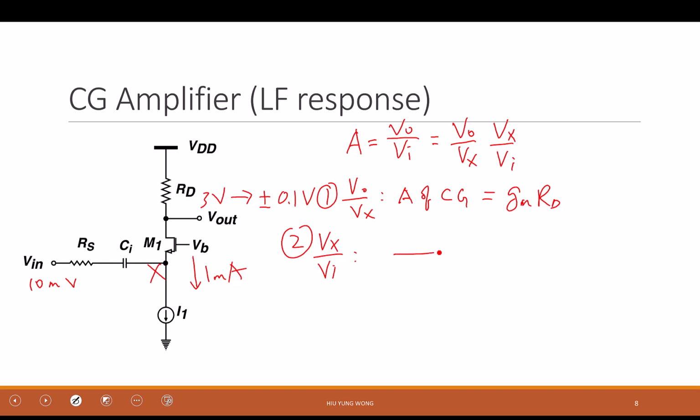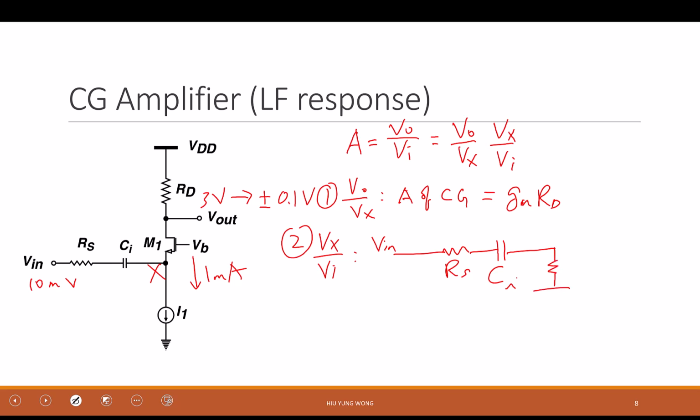I go in from here, Vin, Rs, I have Ci. And then when I look down to the current source, what impedance do I see? Infinite, because it's ideal. And then what else? I can look up. When I look up, what is it? 1 over gm.